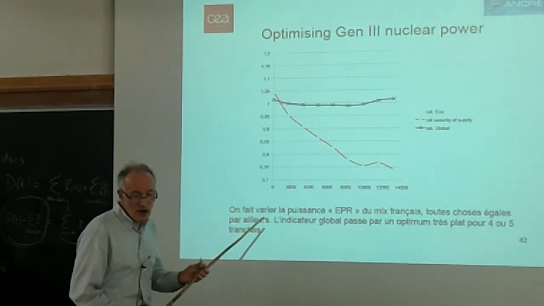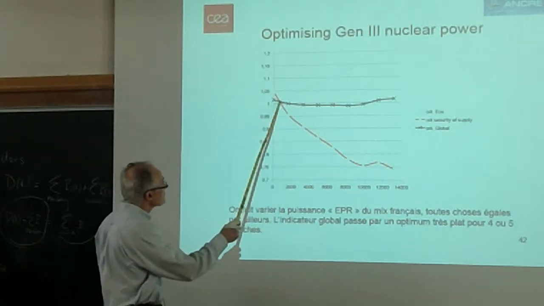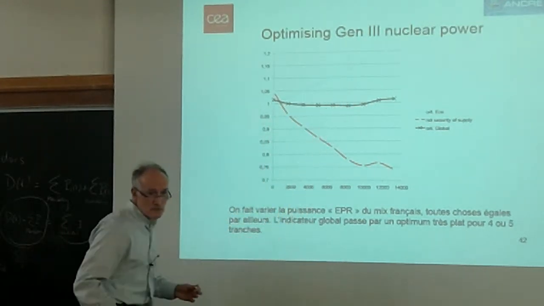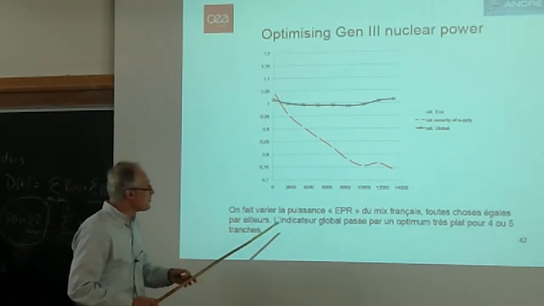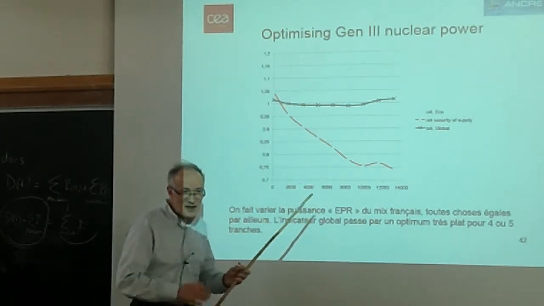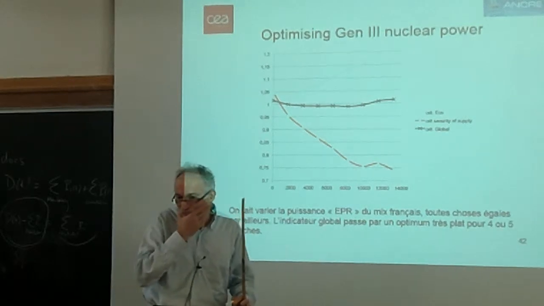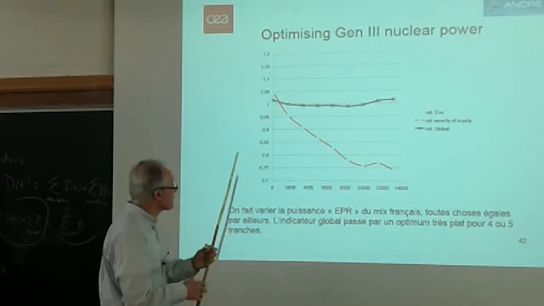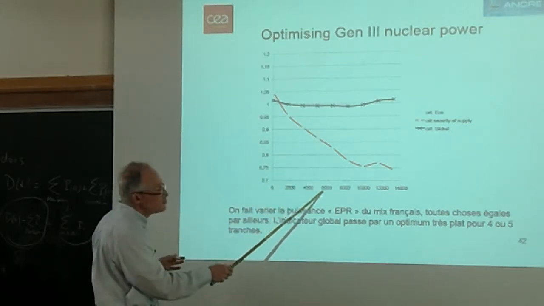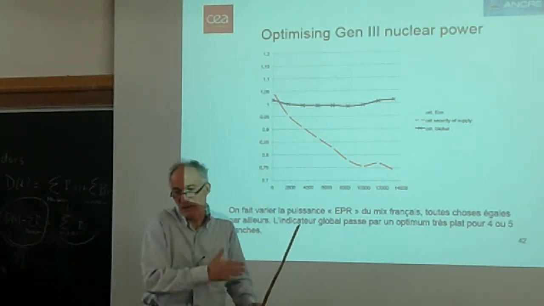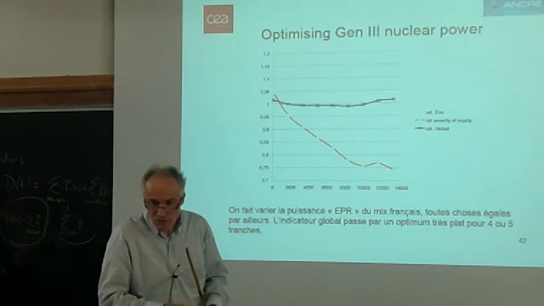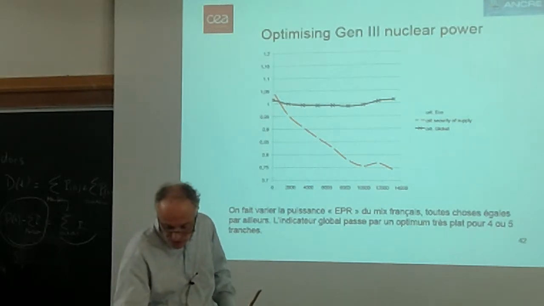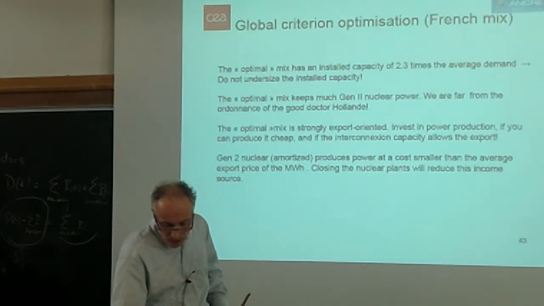For Gen 3 nuclear power, the criterion is almost flat. So it gives you the number of EPR reactors that might be built in France to optimize the mix. It's quite flat. Maybe a few EPRs, but it depends so much on the choice of the criteria that no real conclusion can be drawn from this.